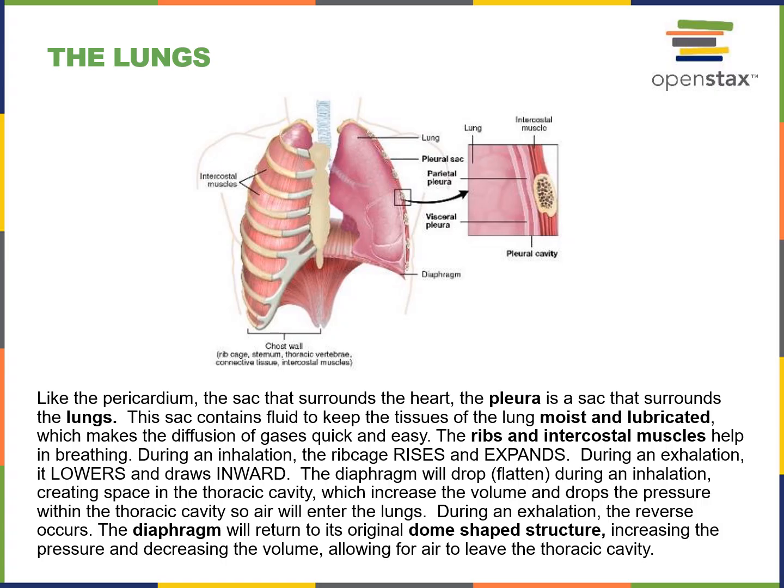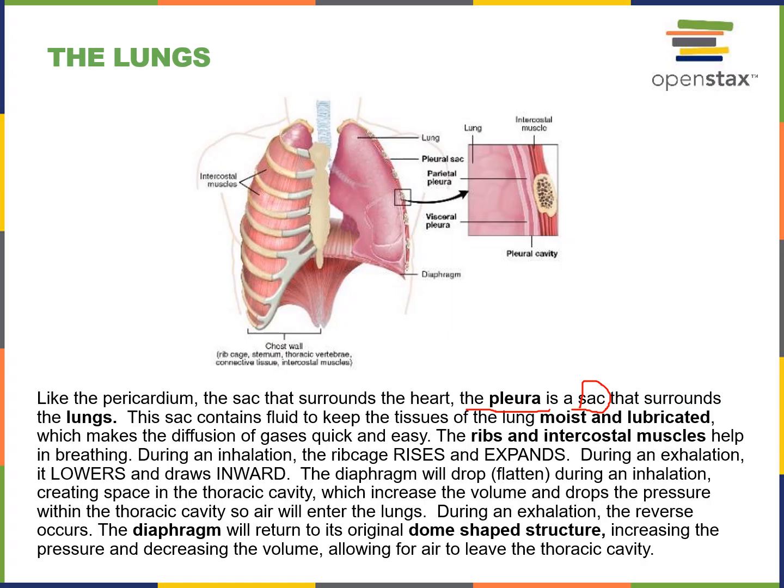So when we think of the lungs and their position in the thoracic cavity, we need to talk about something called the pleura. The pleura is a membrane. It's a sac that surrounds the lung. So just as how the heart had a pericardium, which is a sac basically surrounding the heart, the lung has a pleura membrane.